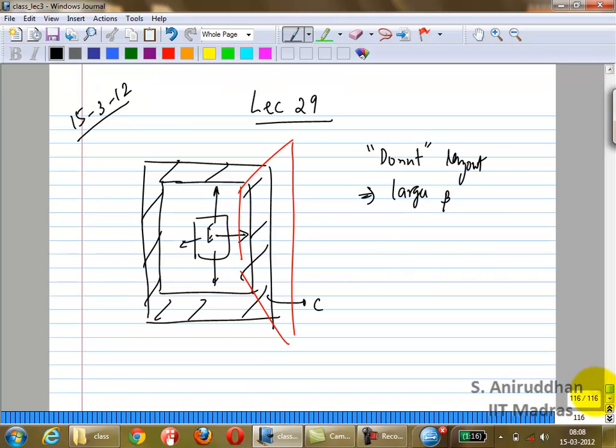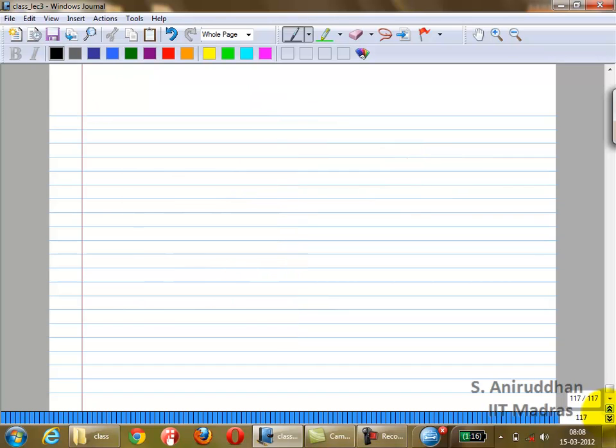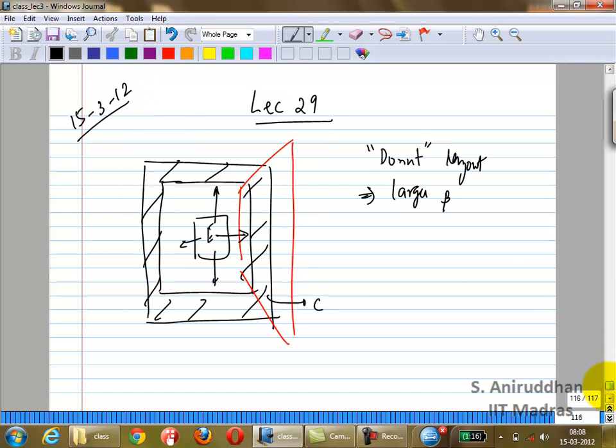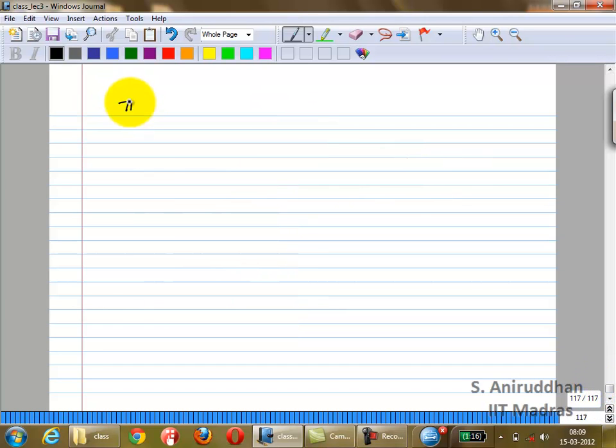Okay. So fundamentally, what do you need from the op-amp? Of course, this kind of op-amp happens to be internally compensated, unity gain compensated.